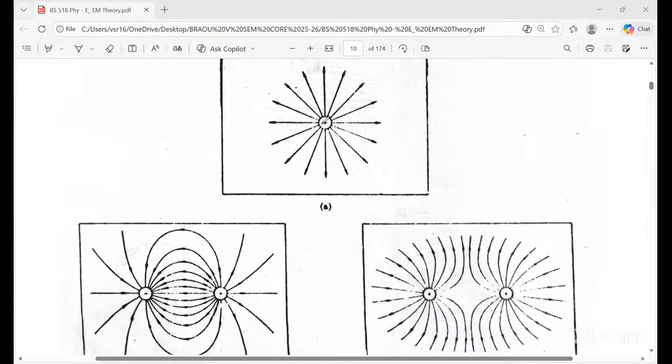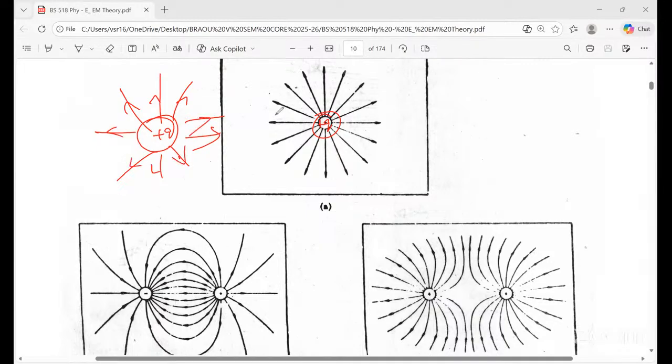This is a positive charge. The arrow marks you can see here are always outward.